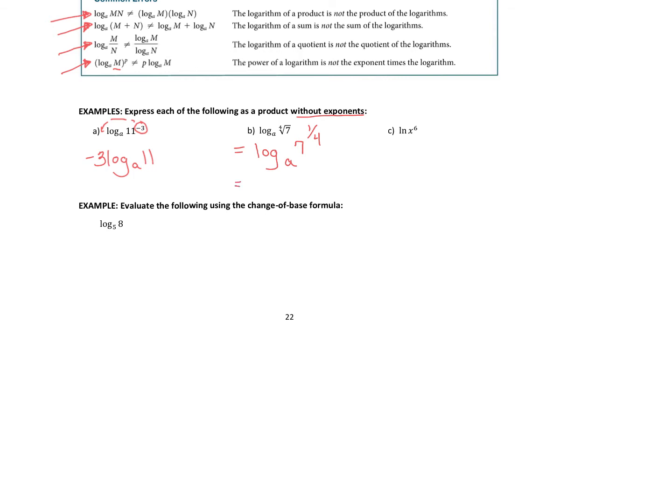So we will get 1/4 log base a of 7. So all I've done there is bring that power down in front. And for this one, we will bring our power down in front and get 6 times the natural log of x.